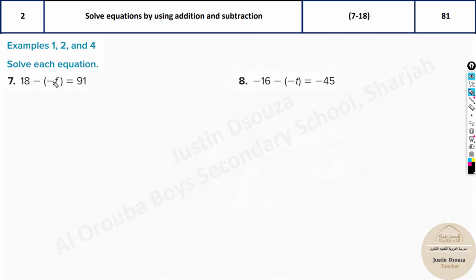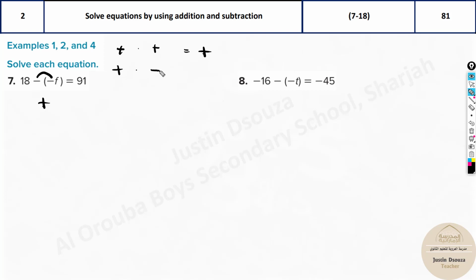Now, how to do this? 18 minus multiplied by minus of minus f. So what happens is whenever we see 2 minus signs, it'll be plus. I'll just write the sign conversions, like plus and plus will be plus. When you multiply these two, it will be plus itself.